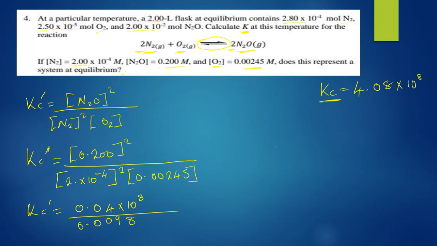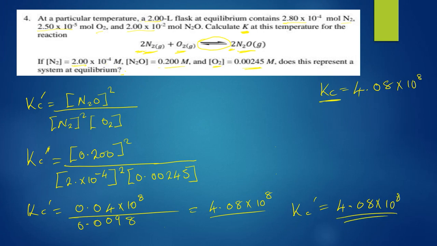And then once you divide this, you're going to come up with something like 4.08 times 10 to the power positive 8, like that. So as you can see, our Kc prime is equal to 4.08 times 10 to the power 8.